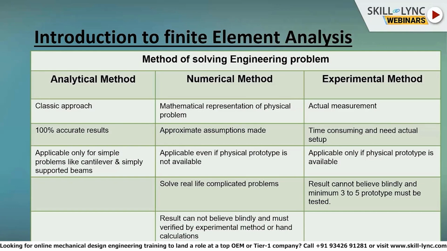The analytical method is a classical approach where we use closed form equations to solve a problem, and the error is zero because you are 100% accurate. You have the geometry, you have the formulas, and you just solve it. That is 100% accurate, but it is only valid for simple geometries, because for complex geometries you cannot do those complex calculations by hand.